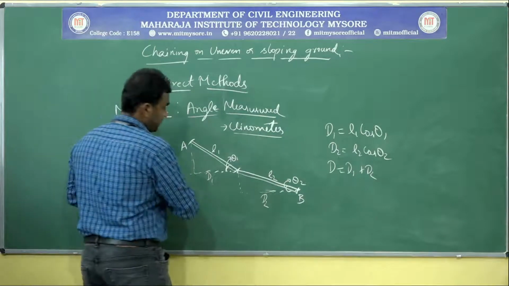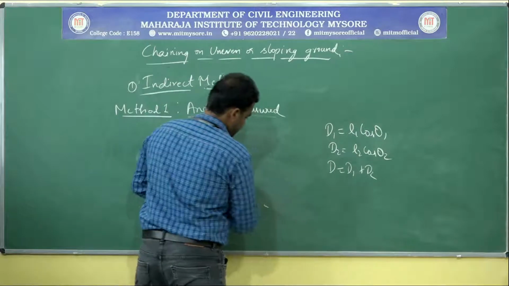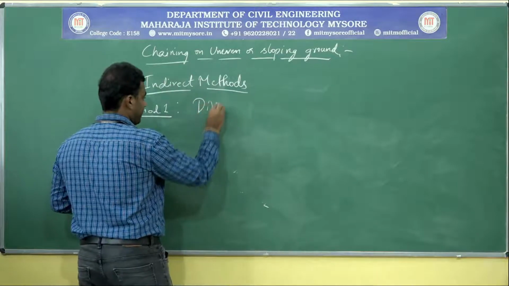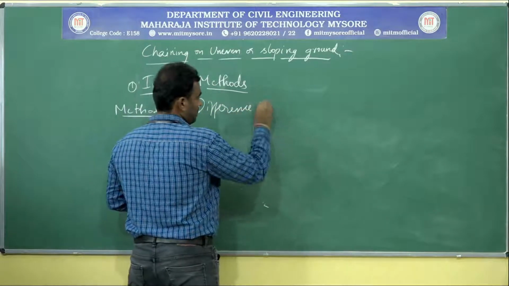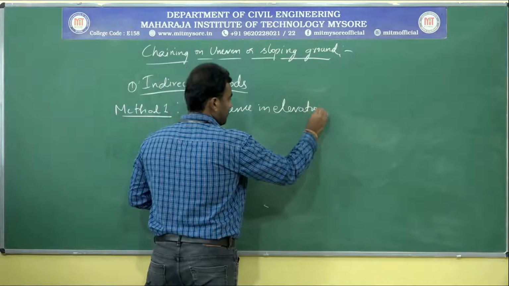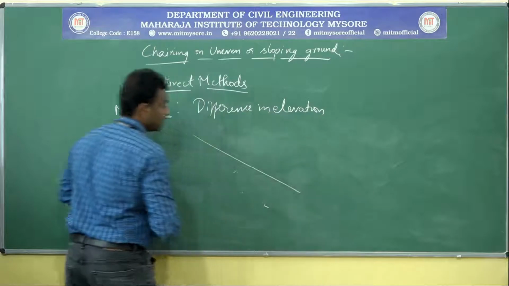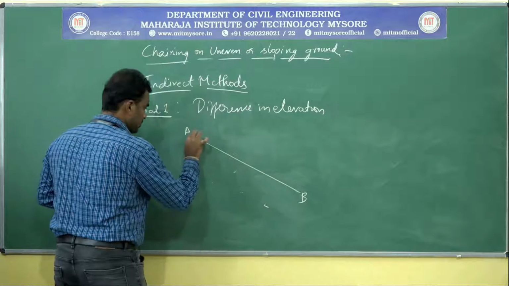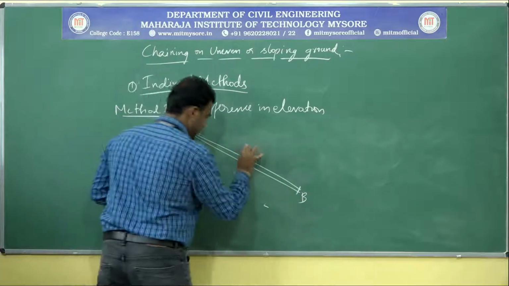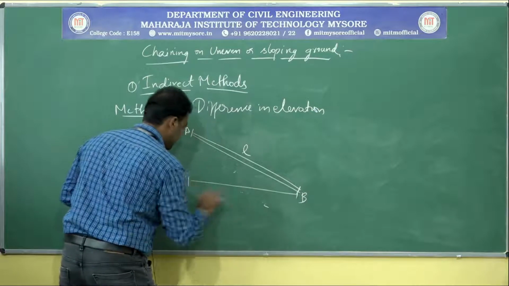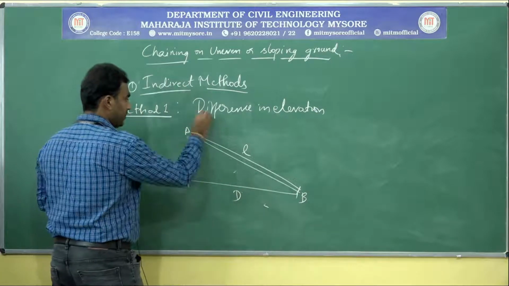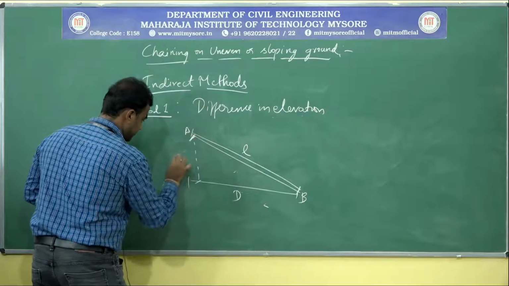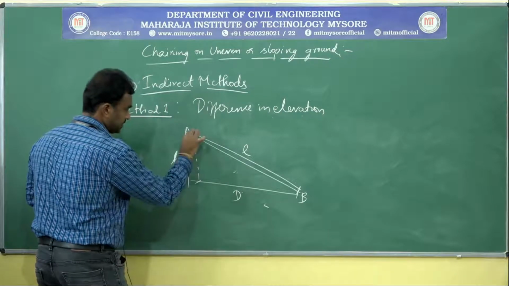Then we have another method, that is, if the difference in elevation is given. Suppose this is the ground terrain AB. We will have the sloping distance L, and we need to find the distance D. If the given data is the difference in elevation, that is this distance h, small h is the difference in elevation.